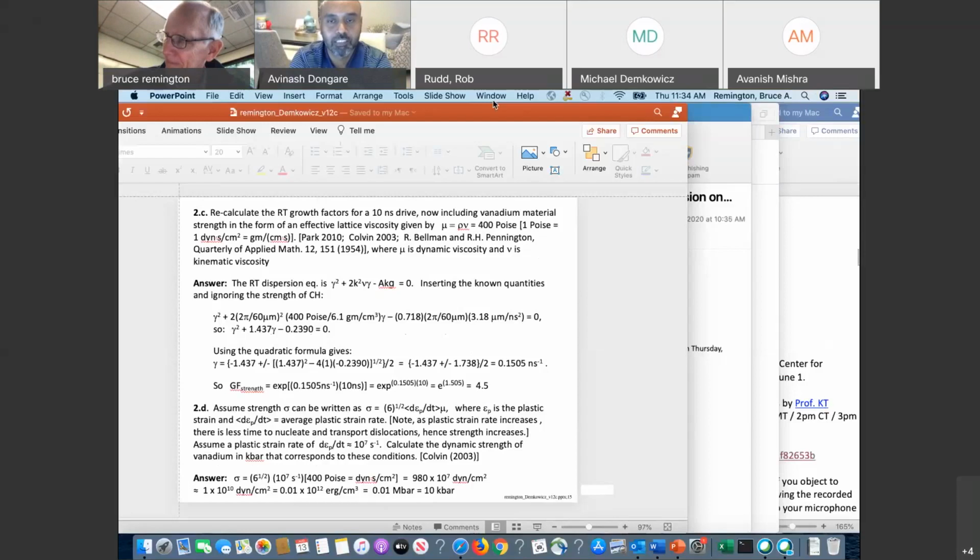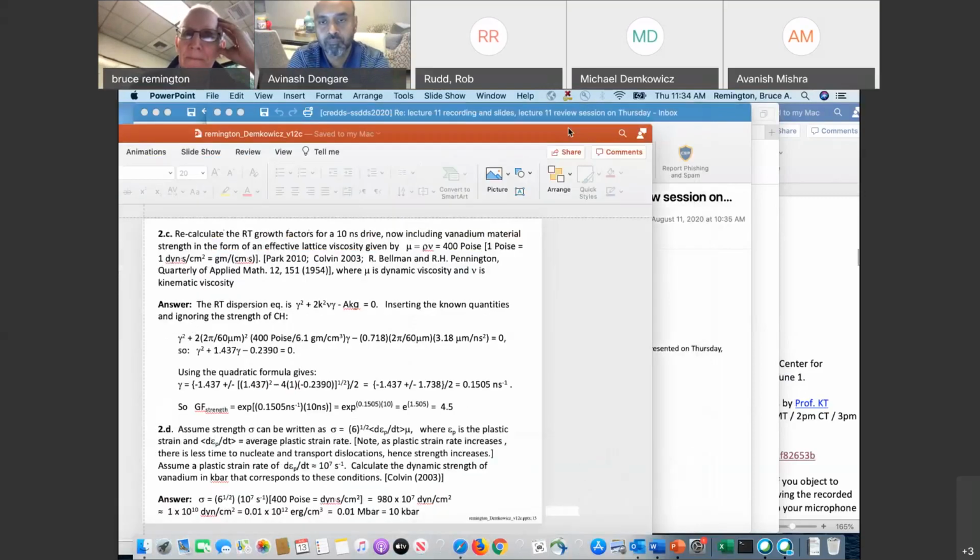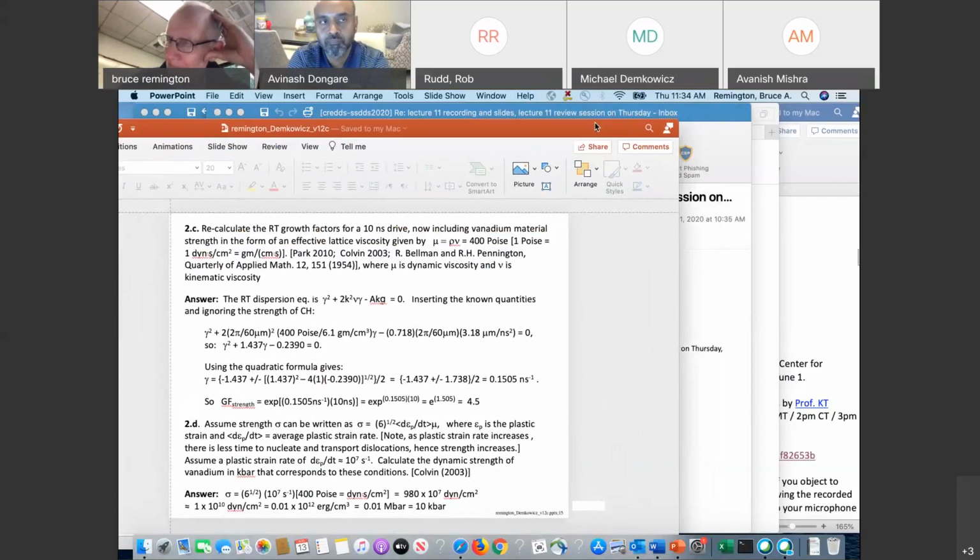There we developed one of these improved Steinberg-Guinan models, where we used density functional theory to calculate the elastic properties of high pressure lead, which is in a BCC phase as opposed to the FCC phase that's at ambient conditions. And we predicted that the strength would be higher in that phase. And when the experiments were done, they were in remarkable agreement.